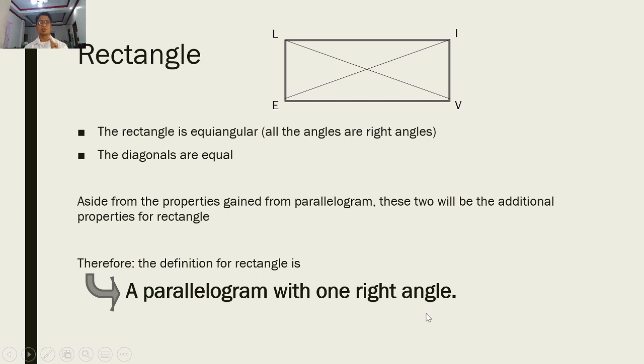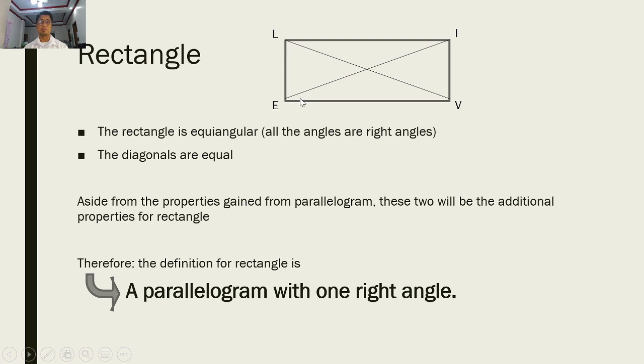Now, some of us will be confused: Sir, why only one right angle? When there are 4. It is because based on our properties of a parallelogram, opposite angles are equal. So if this is 90, its opposite is automatically 90 as well, because opposite angles are equal. And then, consecutive angles are supplementary.